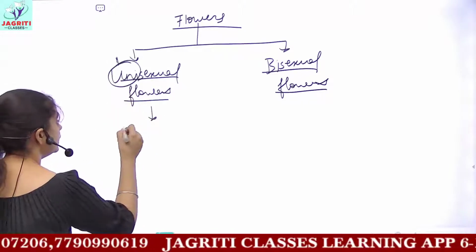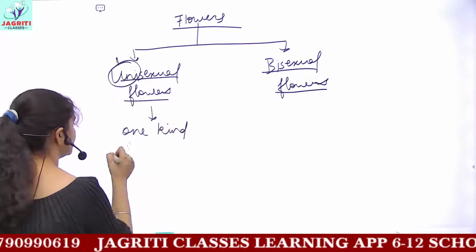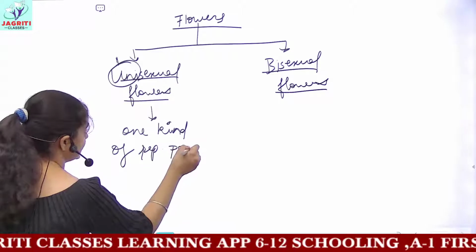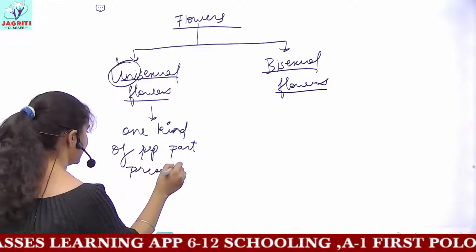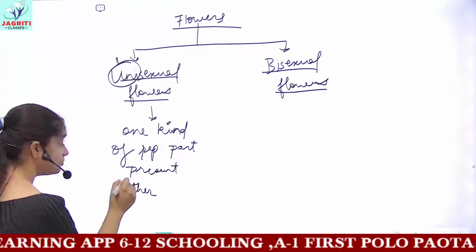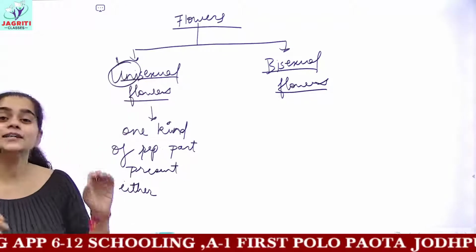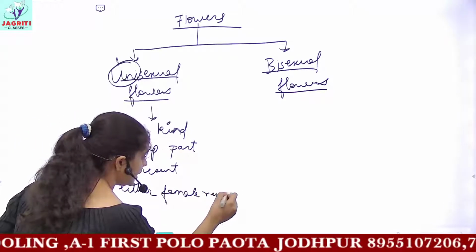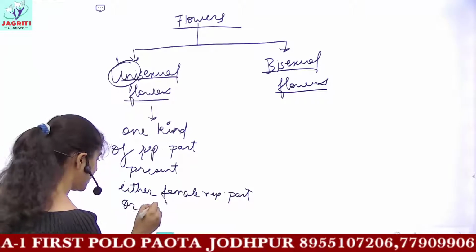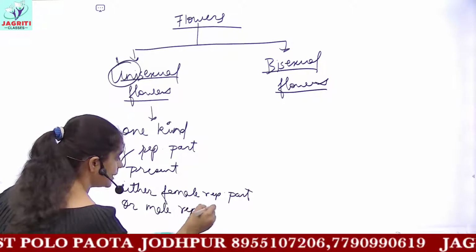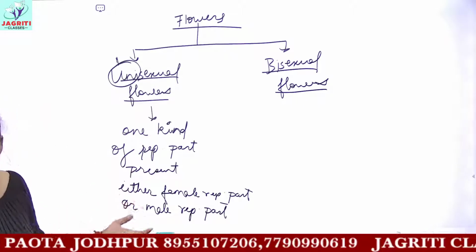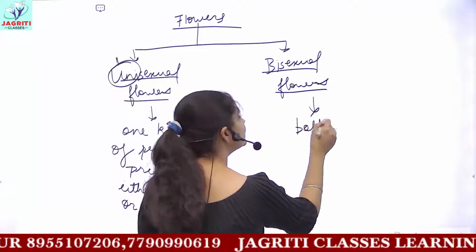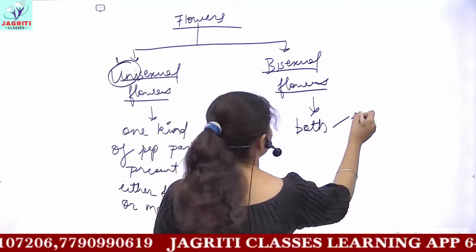When you have only one kind of reproductive part present, that is, either the female reproductive part is present in the flower or the male reproductive part is present. Such flowers are known as unisexual flowers, whereas bisexual flowers contain both reproductive parts, that is the male part and the female part.